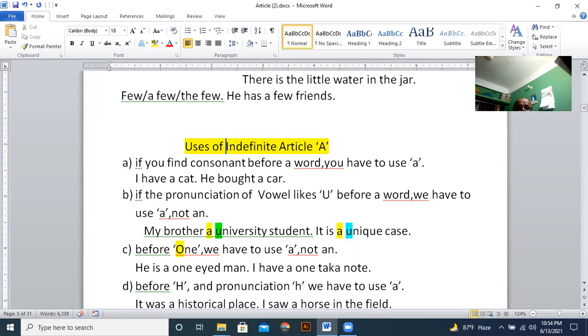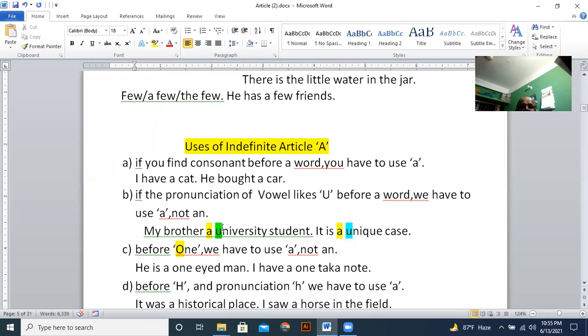My brother is a university student. Here university starts with the vowel u, but its pronunciation works as a consonant sound.